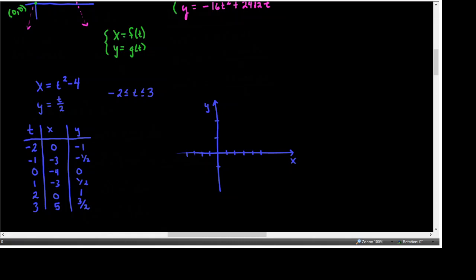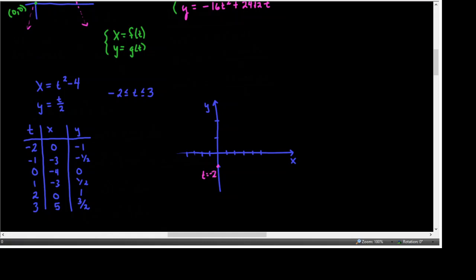Okay, so (0, -1) is this point right here. And you can designate that it's at time -2 if you want by labeling it.